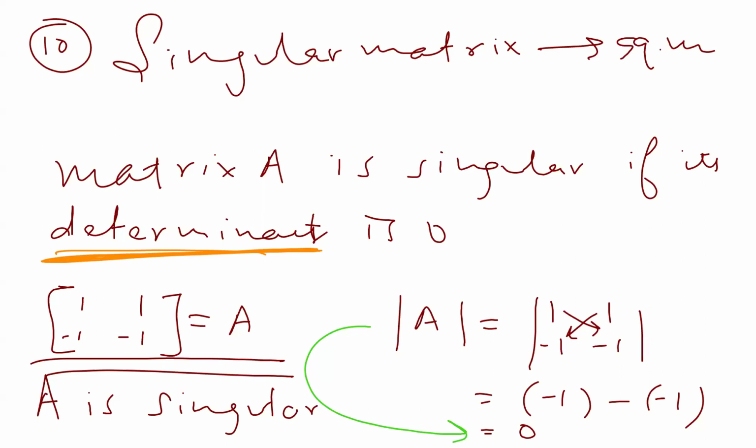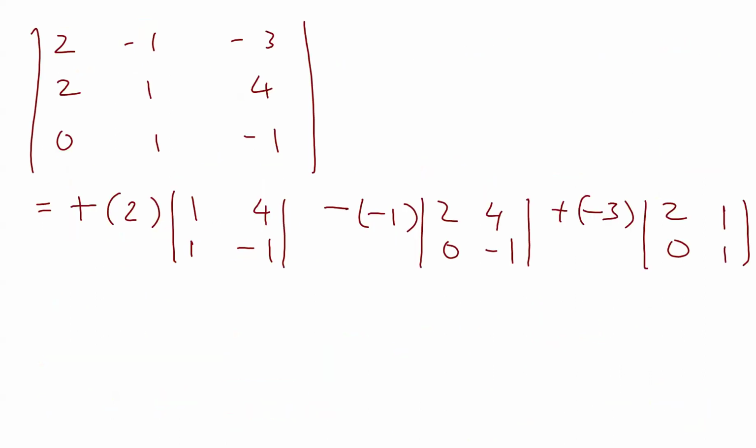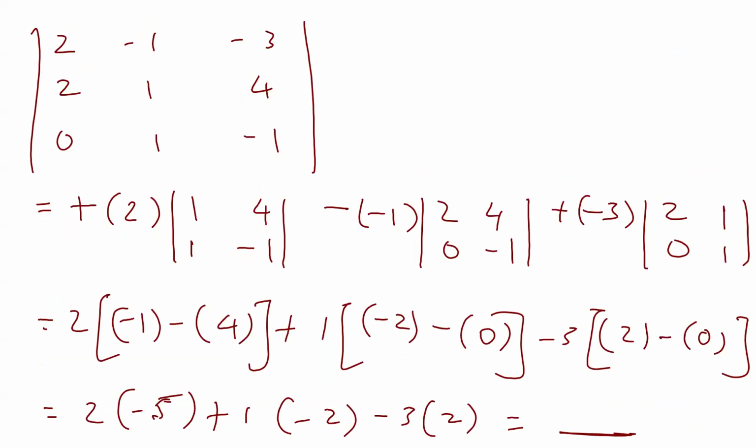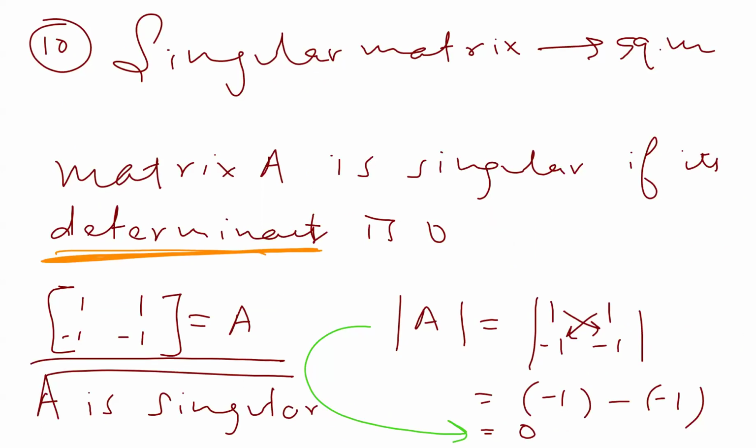So that's the reason why I was teaching you 2 by 2 determinant and 3 by 3 determinant. That's very important for the chapter. I hope everybody has copied this.